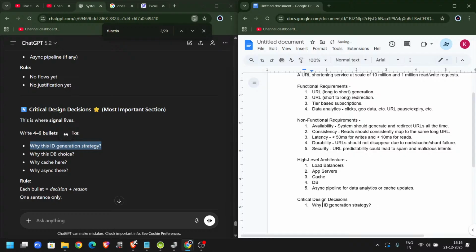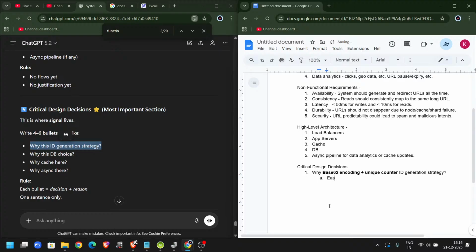This base 62 plus unique... no, I think base 62 encoding. I don't think we went for base 62 encoding.